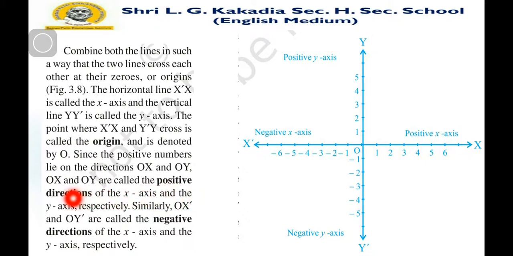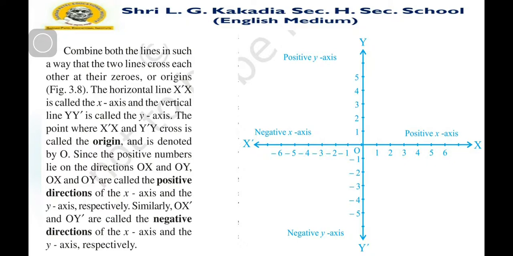Similarly, OX dash and OY dash are called the negative direction of the x-axis and y-axis. As you can see here, it is the negative direction of the x-axis and it is the negative direction of the y-axis. So it is known as the Cartesian system.